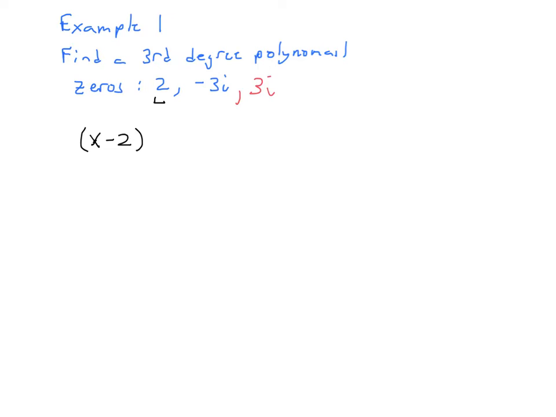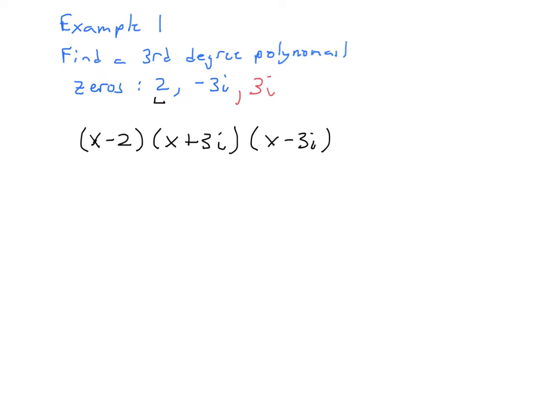Since negative 3i is a 0, I know that x minus the negative 3i, which would be plus 3i, is going to be one of my factors. And since 3i is a 0, I also know that x minus 3i is going to be a factor.